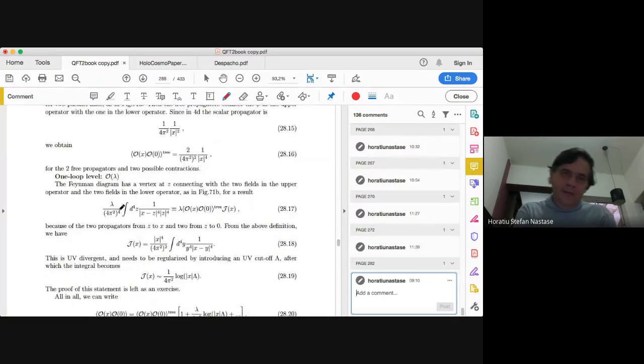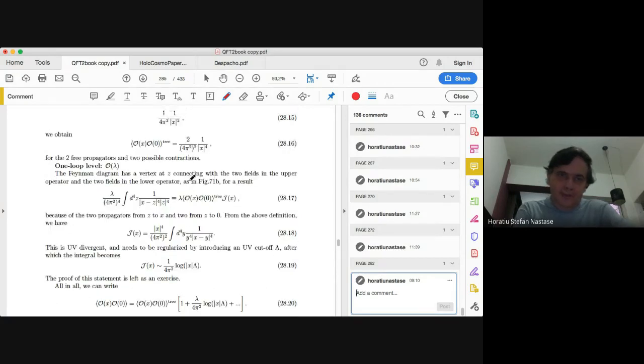So I have lambda, integration over z, 1 over 4 pi squared to the 4, and then 1 over z to the 4 from the propagators from z to 0, and 1 over x minus z to the 4 from the propagators x to z. And let me define this as lambda times the tree value times some function that I call j of x.